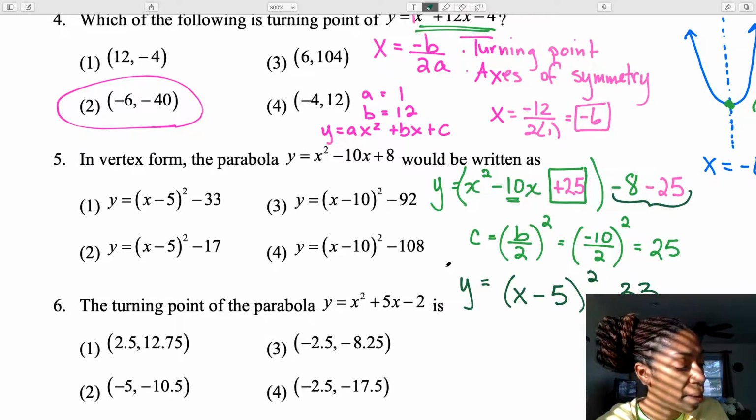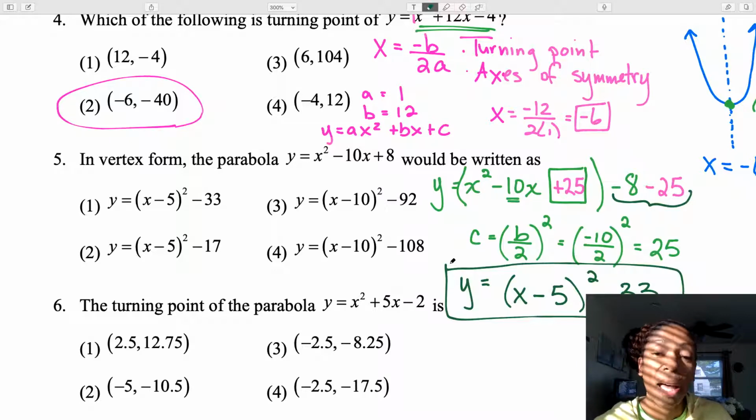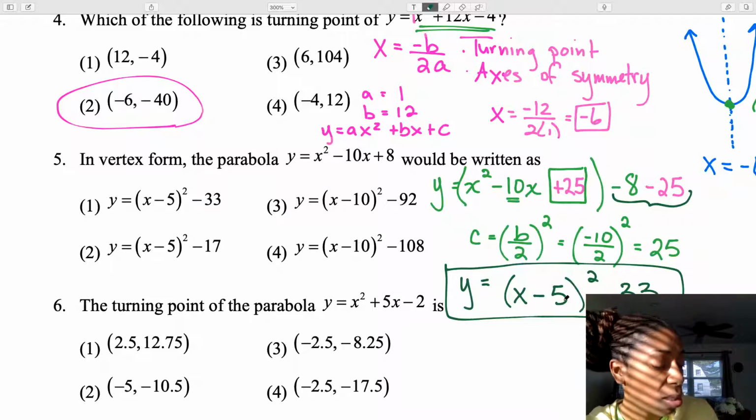So there we have it. We have just rewritten a quadratic equation that's in standard form in vertex form. The vertex would be, if they asked, they didn't, but just letting you know, the vertex would be positive 5 and negative 33.